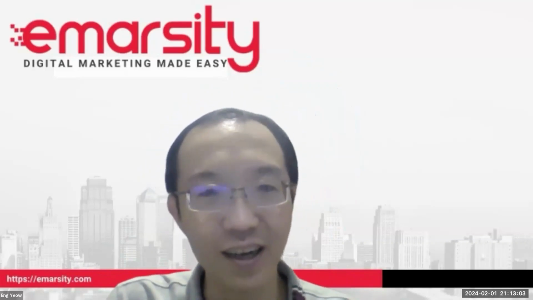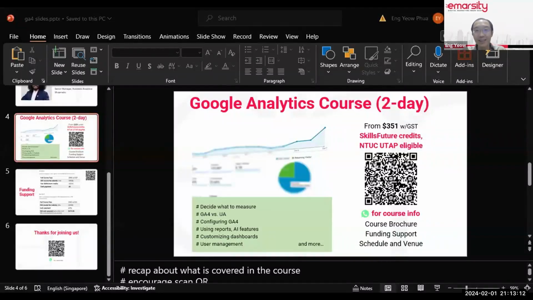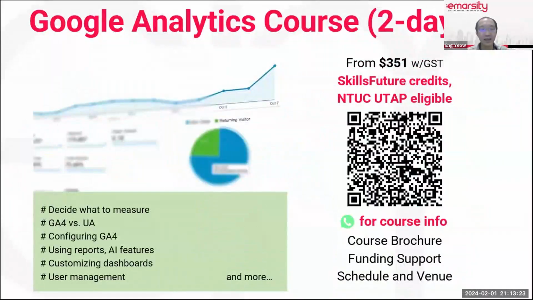You want to know which channels, which devices, and maybe whether some pages on your website are not functioning. Analytics really can give you a lot of insights into these various data points.